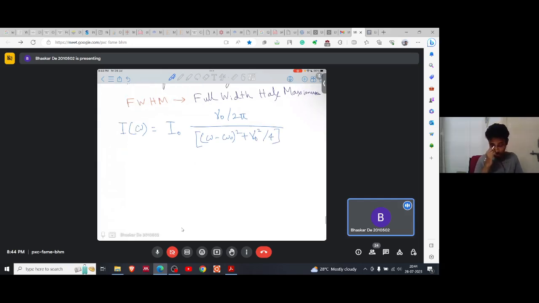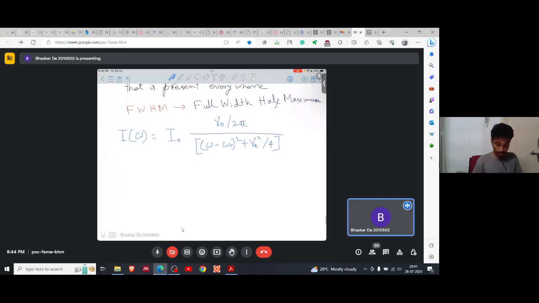So this is the Lorentzian. Now what is the maximum of this distribution? To get the maximum, we basically have to make the denominator as small as possible, so we need the minimum value of omega minus omega naught whole square plus gamma naught square by 4.